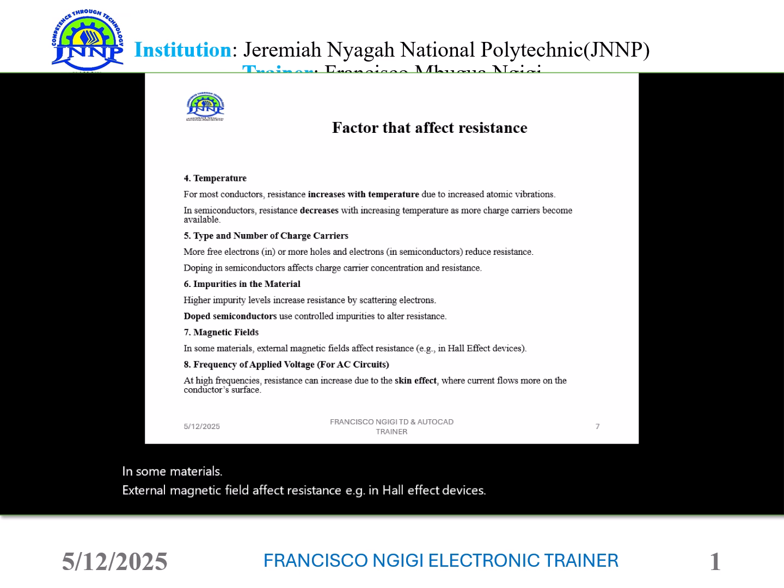That's advanced for this level, but you can look at it. Frequency of applied voltage for AC circuits: at high frequency, resistance can increase due to skin effect, where current flows more on the conductor surface.